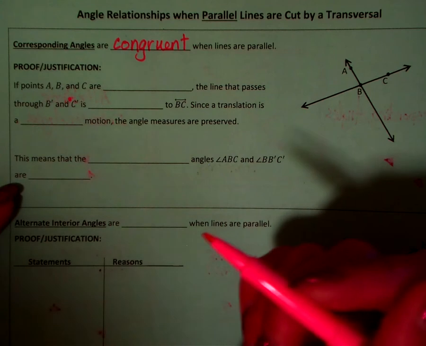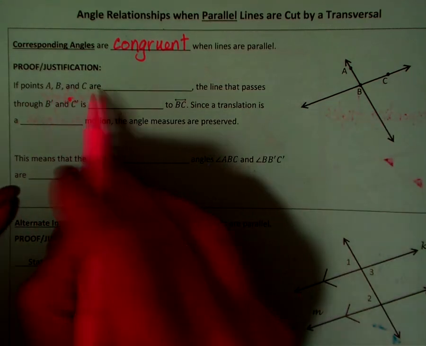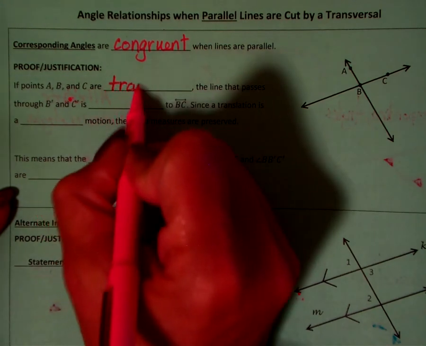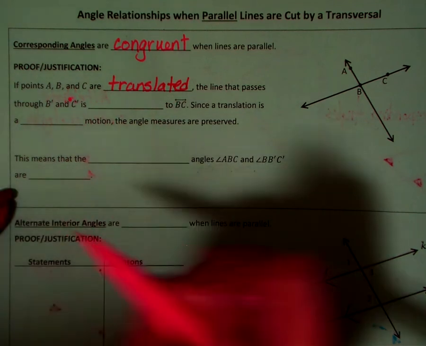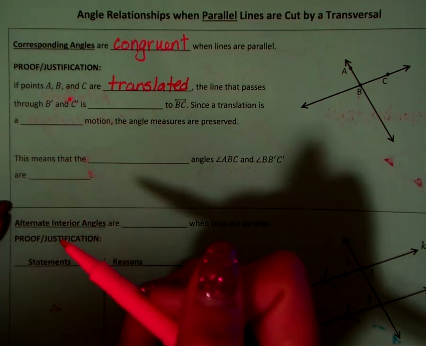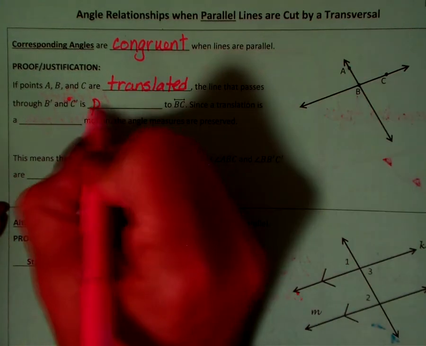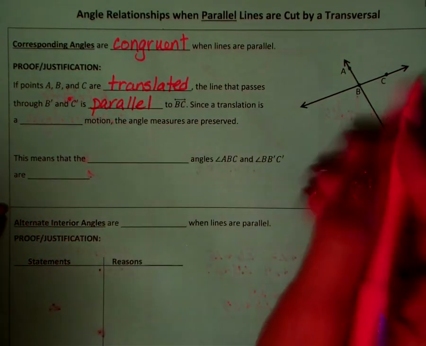Okay, so if points A, B, and C are translated, the line that passes through B prime and C prime is parallel to line BC.